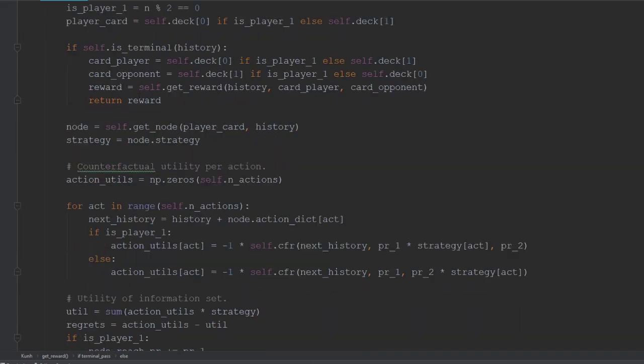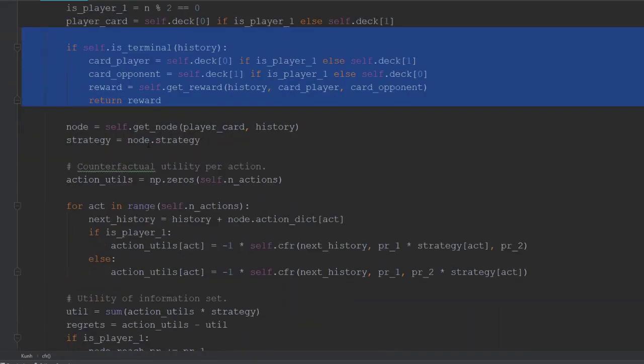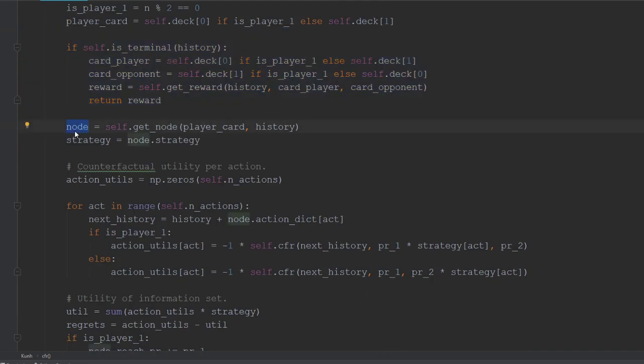Okay, so here's up to here. Now what we need to do is determine which node we're in, and we use this get node function. The key for the node is going to be the player card plus the history we're in. So the history will look something like Jack, and then there's a bet and pass or something like that.